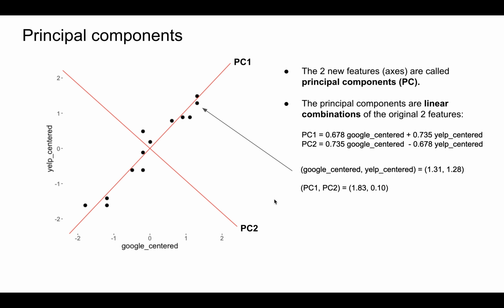In this case, this restaurant has a coordinate of 1.83 on the first principal component and 0.1 on the second principal component. Again, we obtain these by plugging our original values of 1.31 Google rating and 1.28 Yelp rating into our principal component formula.